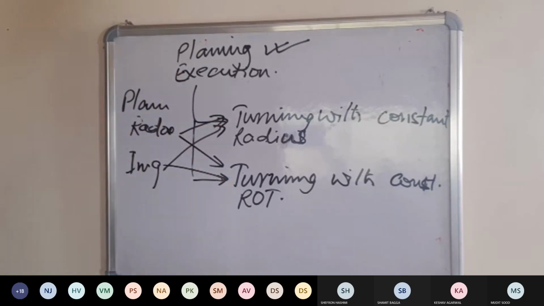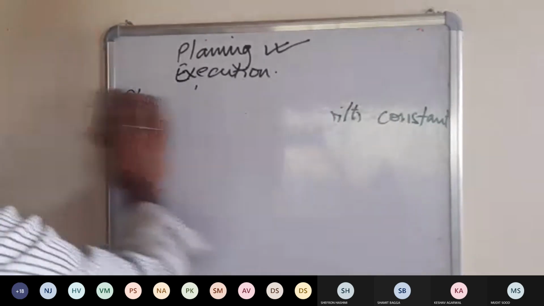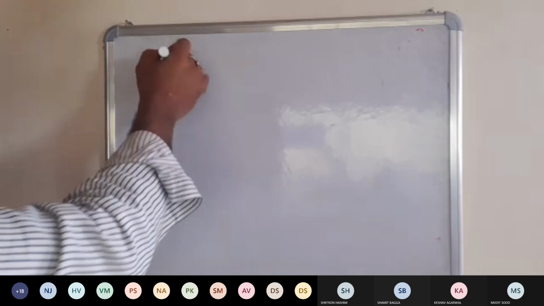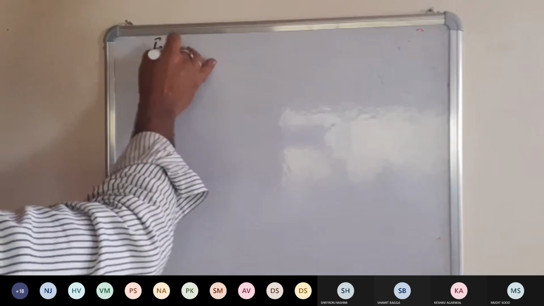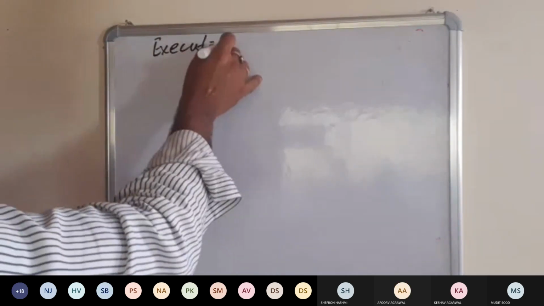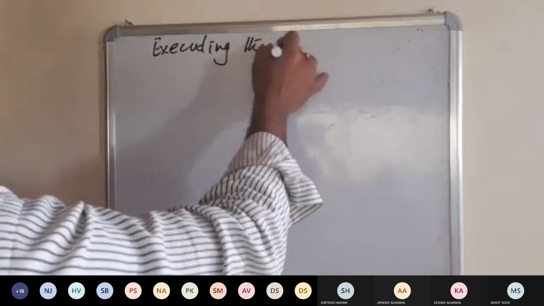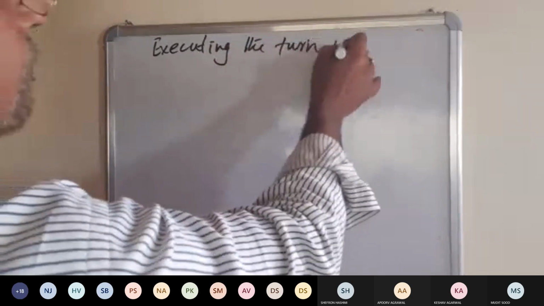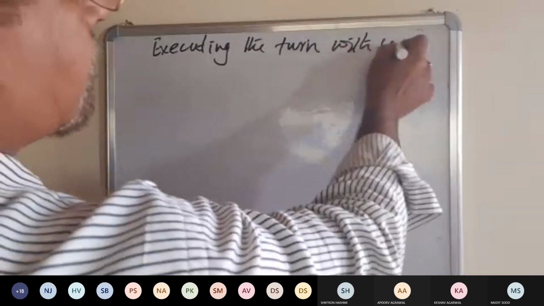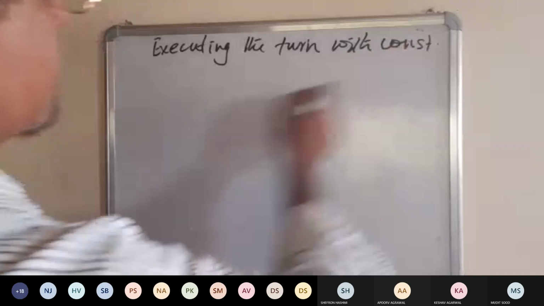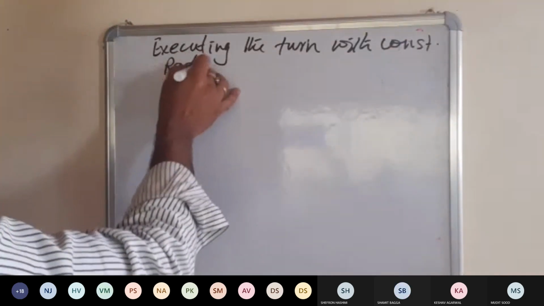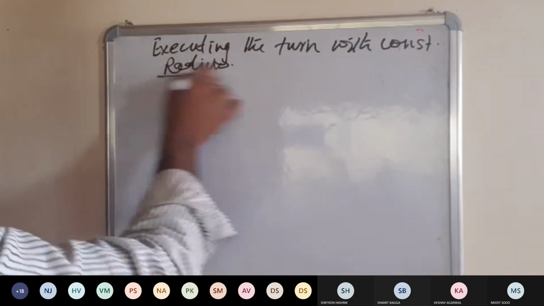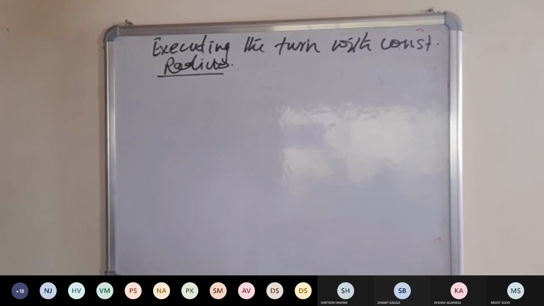So execution first with the constant radius. Turning or executing the turn with constant radius.